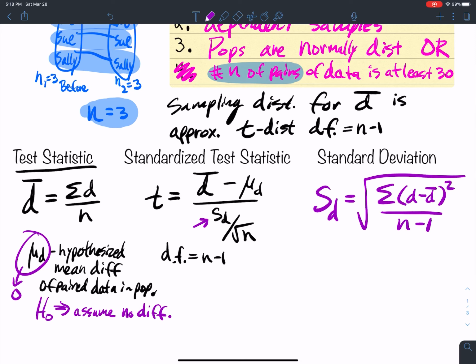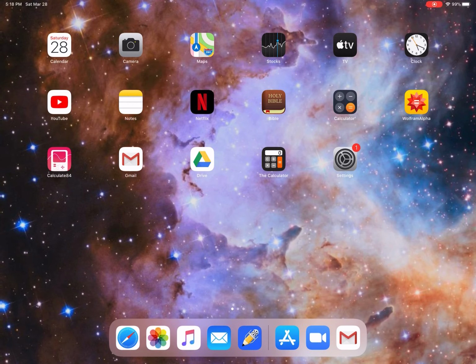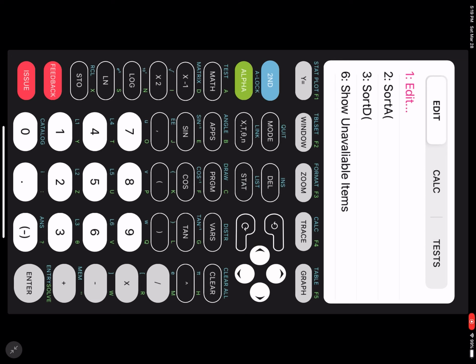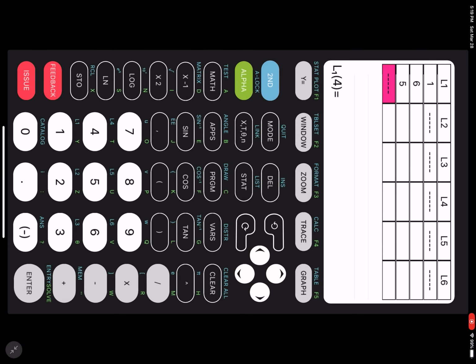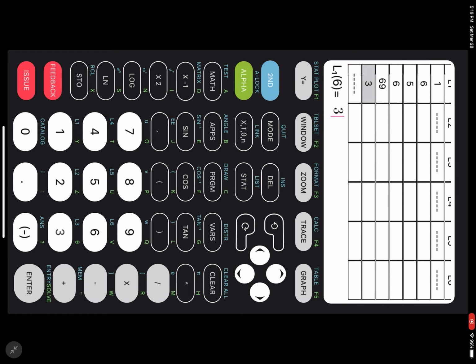If you were given a list of numbers, I want you to go to your calculator. Hit the stat button, hit edit, and then you can type in your numbers. Maybe my numbers are like 1, 6, 5, 6, 69, 32.